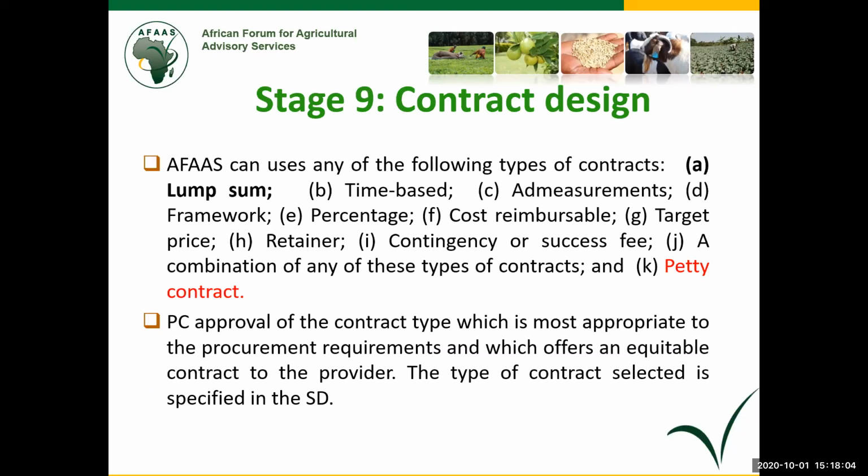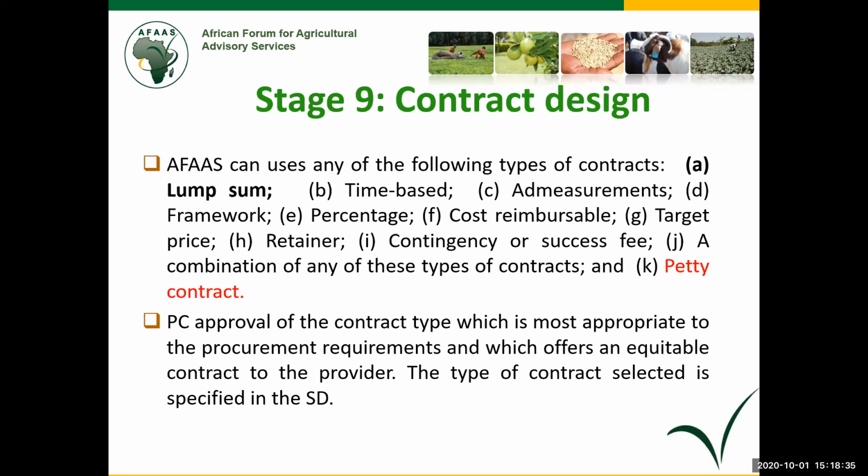But when you look at our first contracts, they are mainly in two areas. One, in lump sum. Most of our contracts, 99% are lump sum contracts, sealed with a fixed amount of money. However, there are other types of contracts. For example, framework, which we are using in supplies and other aspects, but the rest, cost reimbursable, target, retainer, contingency, percentage, and measurements which are used in works, we have never used.